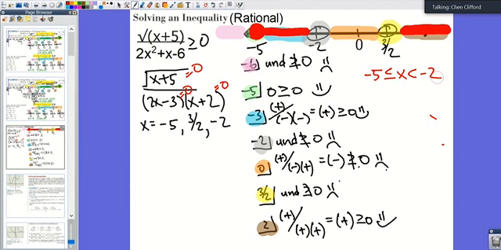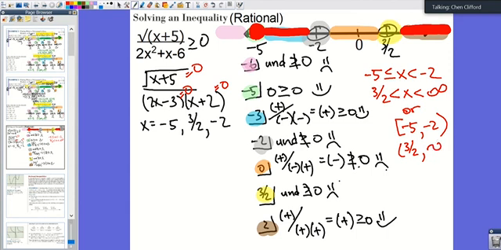And then we are going to have 3/2, infinity, and let's turn that into the more mature way of writing that, which is -5, -2, or 3/2, and infinity. Boom. Done. Okay, that's how you do it.